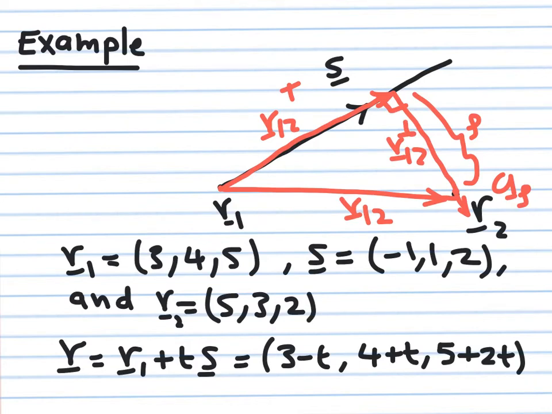So I first wrote the expression of the line here. The expression of any point along the line is equal to R1 plus tS. This is R1 and this is S, so it's going to be 3 minus t, 4 plus t, 5 plus 2t. This is the expression for any point along the line. If you give t any value, you obtain a point along the line. So any point really corresponds to some specific value of t.